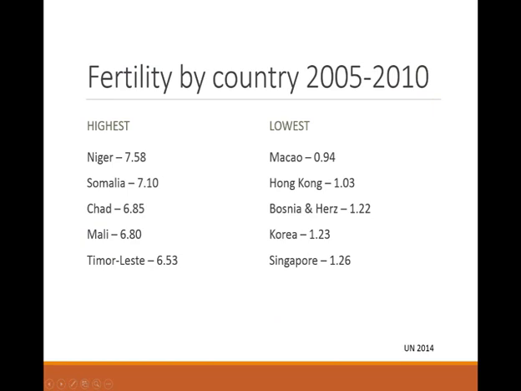So when we're looking at population growth, we obviously need to look at fertility rates for countries. This slide is from 2014, the UN data. This is looking at fertility by country between 2005 and 2010. Fertility here is the average number of children per woman.